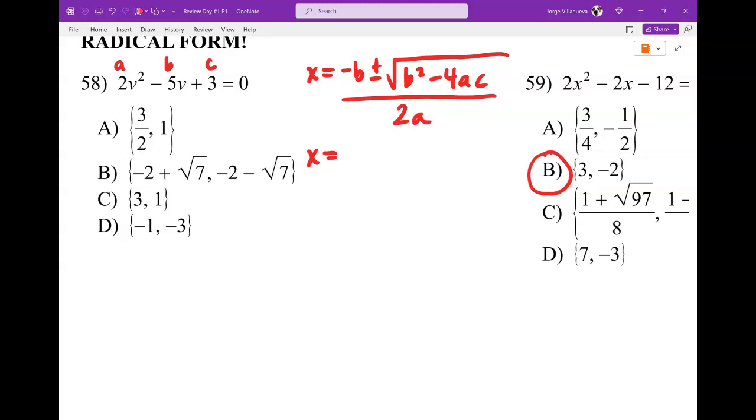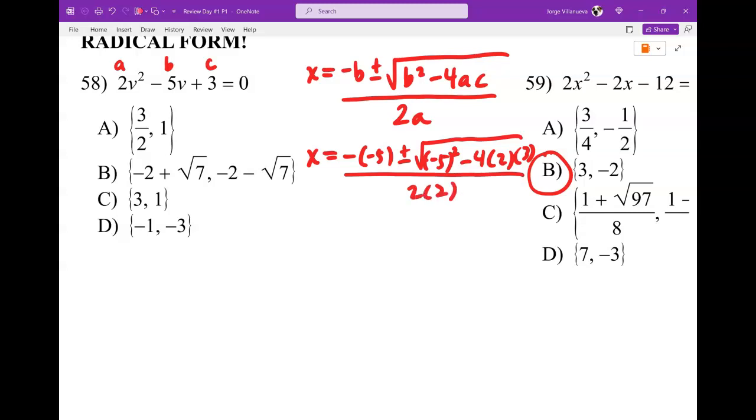So negative of a negative 5, plus or minus the square root of negative 5 squared minus 4 times a times c, 2 times 3, all over 2 times a.